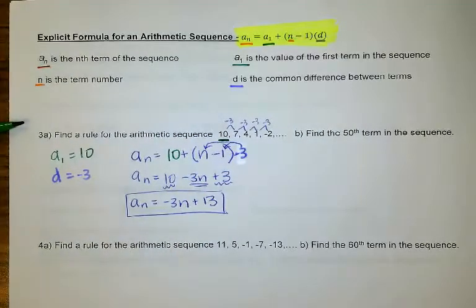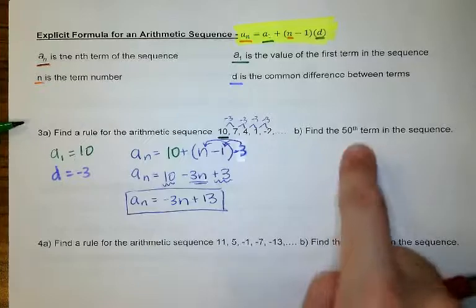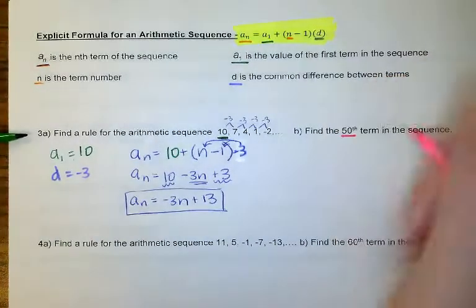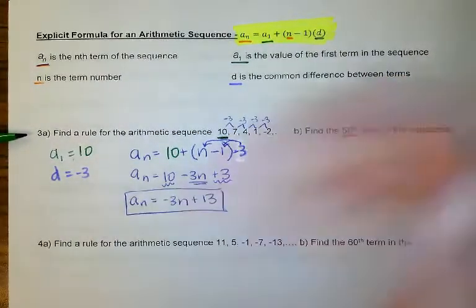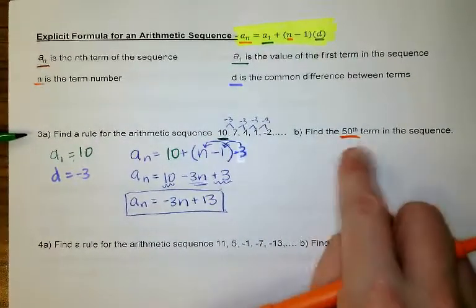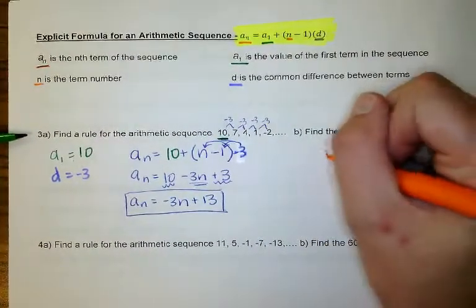Now, when it says find the 50th term, what are we going to do with that number? What are we going to do with 50, y'all? Just plug it in for n, right? So now my n is equal to 50.